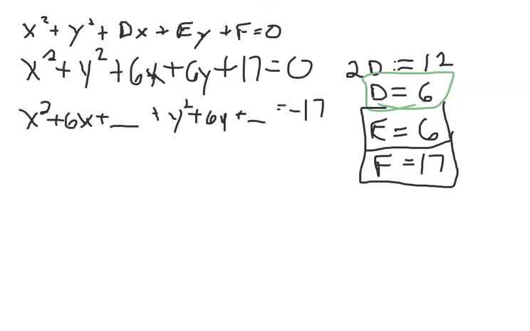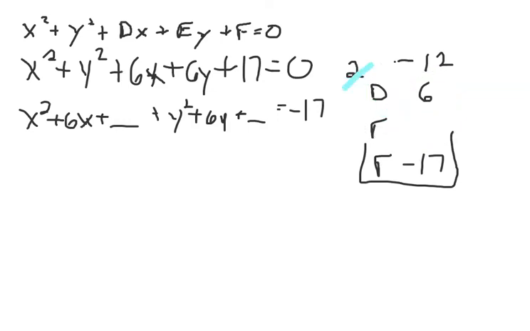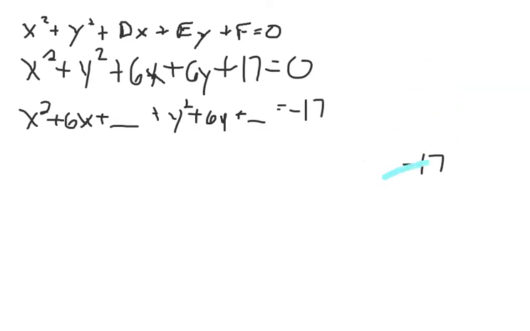I'm going to go ahead and erase these numbers here now because I got to have some more room. And I'm putting blanks up here because I'm going to have to add something to those numbers in order to complete the square. So what I do is I take the number in front of the x and the number in front of the y, which in this case is the same thing, and divide it by 2 and square it. So I must add a 9 in here.